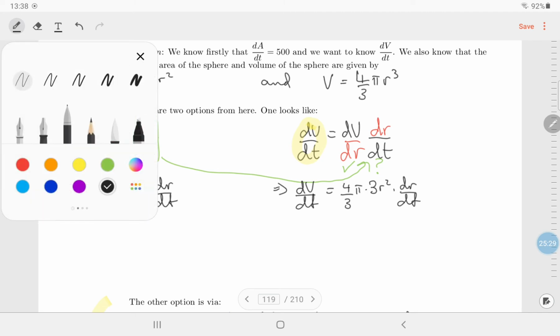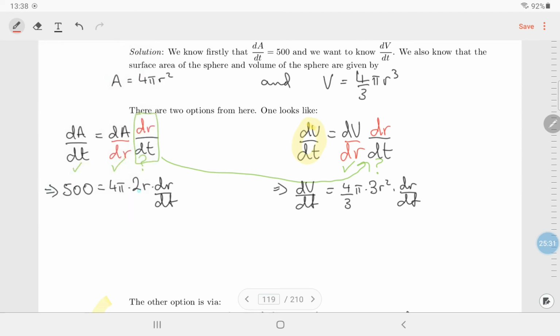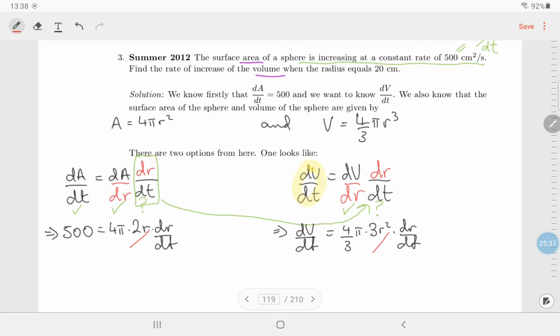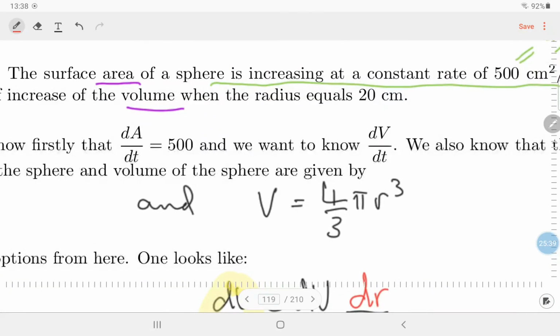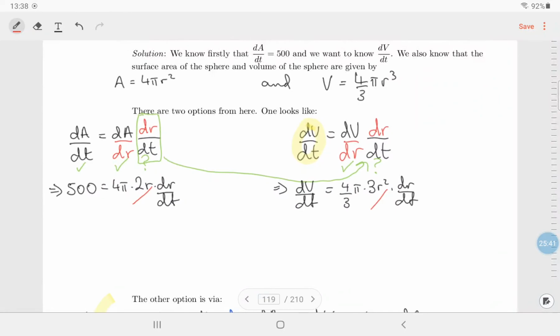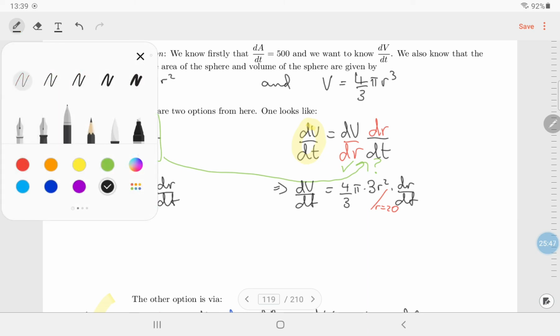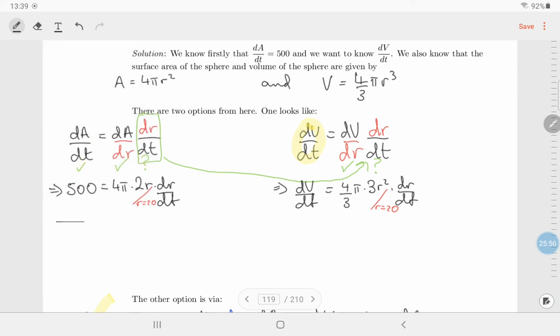Now what I'm going to do is evaluate the derivative of area and the derivative of volume at r equal to 20. So I'm going to substitute r equal to 20 into that and r equal to 20 into this. So I'm going to get 500 is equal to 4 pi by 2 by 20.